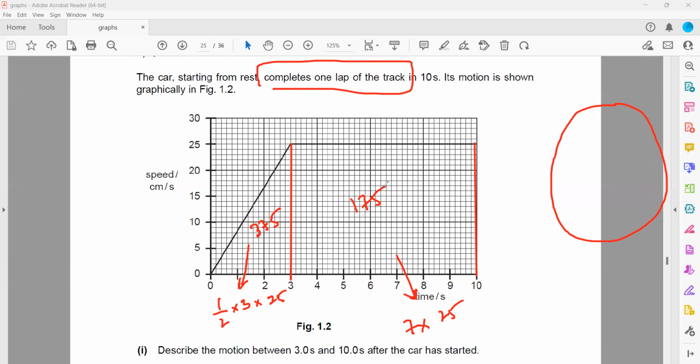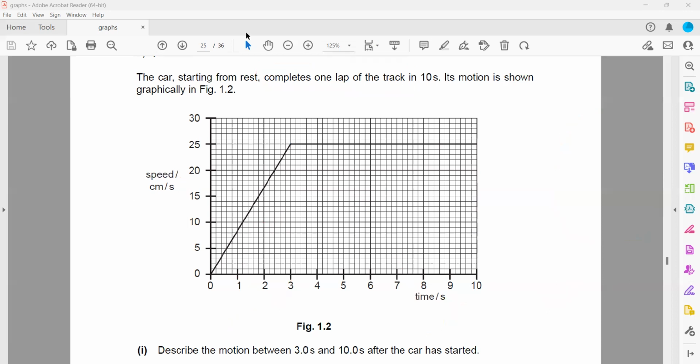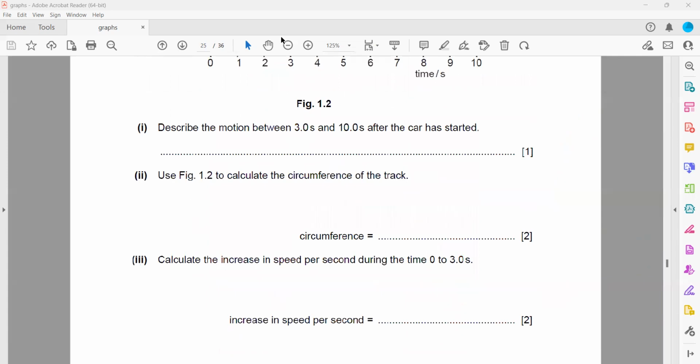And 175 plus 37.5 makes 212.5. Because the speed is in centimeters per second and time in seconds, this will be centimeters, not meters, depending on the unit of the speed. So the total area under this graph is 212.5, and the unit will be centimeters.